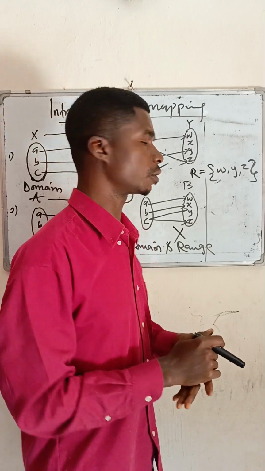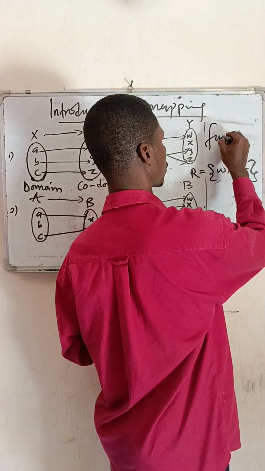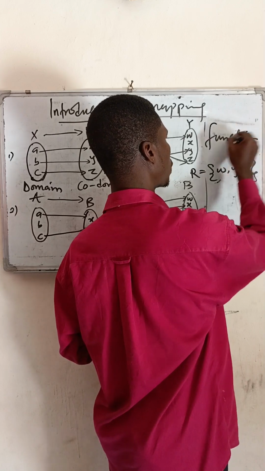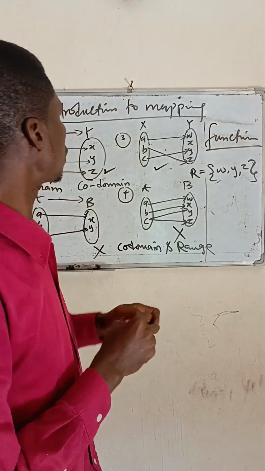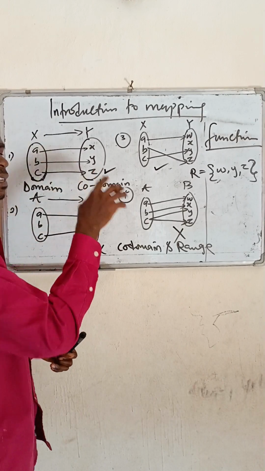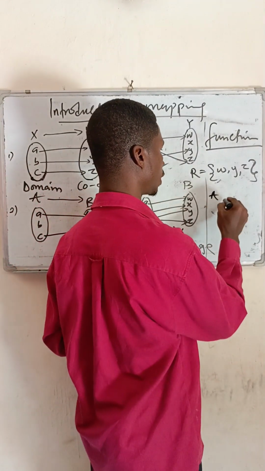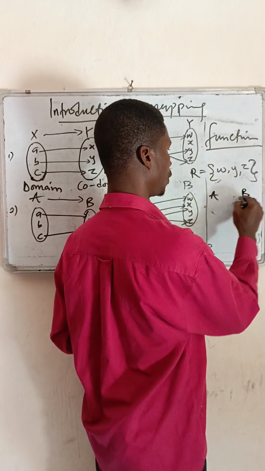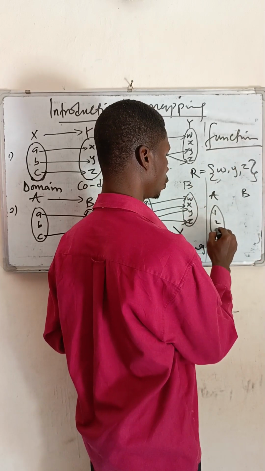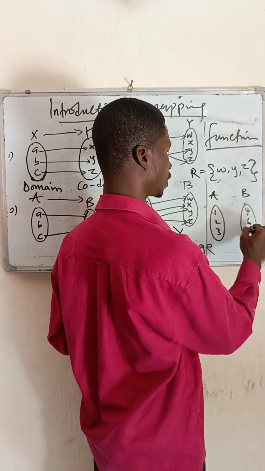Now, what about function? In some textbooks, you don't see this as mapping, you see it as function. Now, what is a function? A function is a mapping whose domain and codomain are sets of real numbers. For instance, let's take a look at this: A and B, 1, 2, 3, 4, 6, 8.